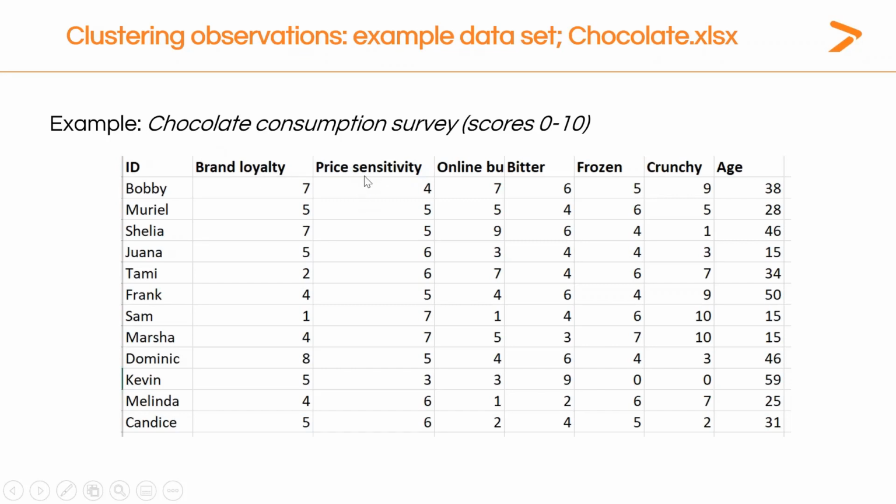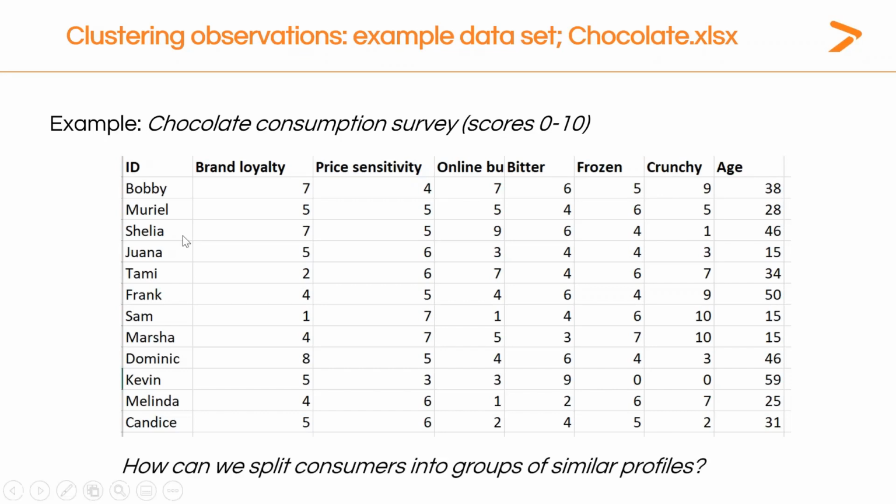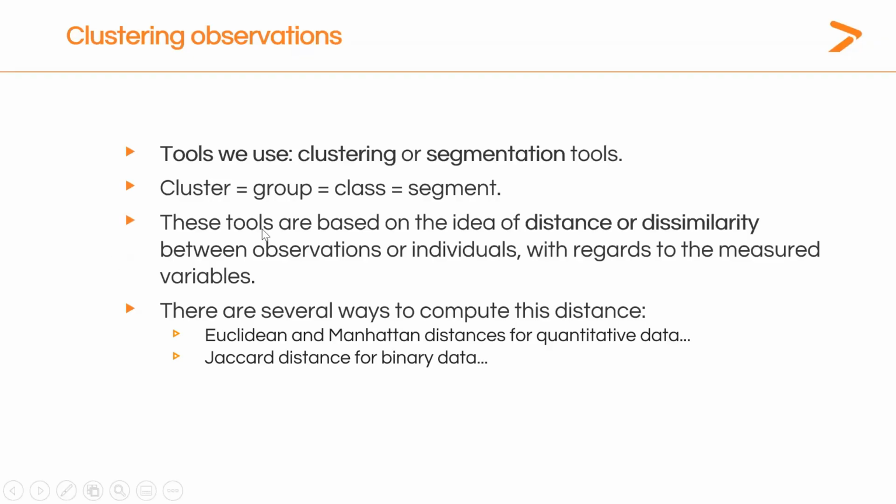To what extent are you sensitive to price? Are you keen on online buying? To what extent do you prefer bitter chocolate, frozen chocolate, crunchy chocolate? And what is your age? The question is, how can we split consumers into groups of similar profiles? The tools we can use for this purpose are clustering or segmentation tools.